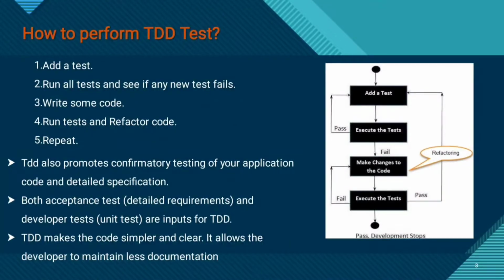The developer test is also known as a unit test, and the acceptance test is always in detailed requirements, so it is known as detailed requirements or acceptance test. TDD makes code simpler and clearer, which means we can easily understand it, and the code is very simple. It allows the developer to maintain less documentation.